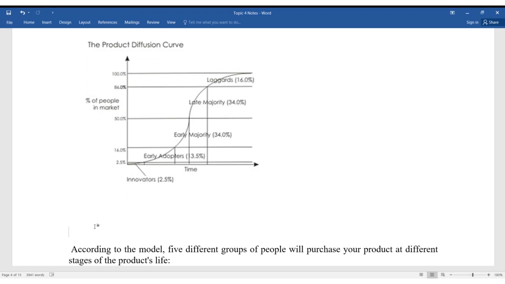They mostly are also well managed, but they are a little bit cautious, and they wait until the innovators adopt a product. That's when they choose to purchase it.